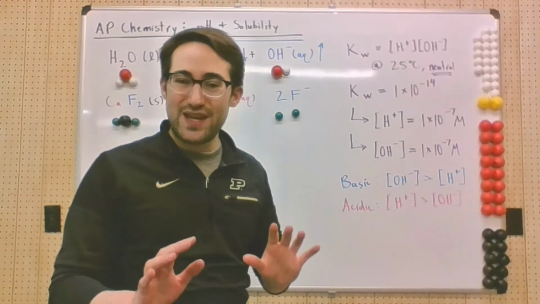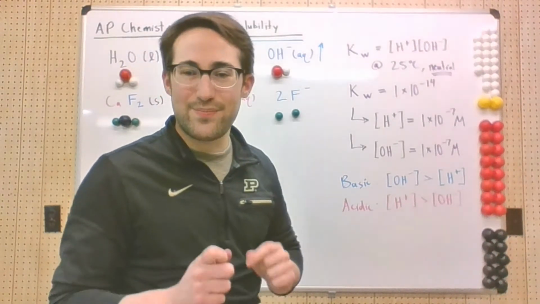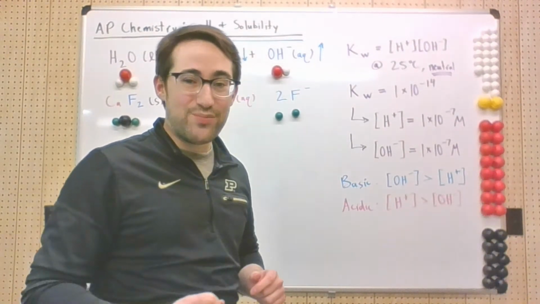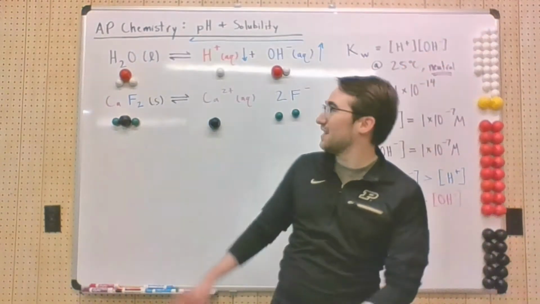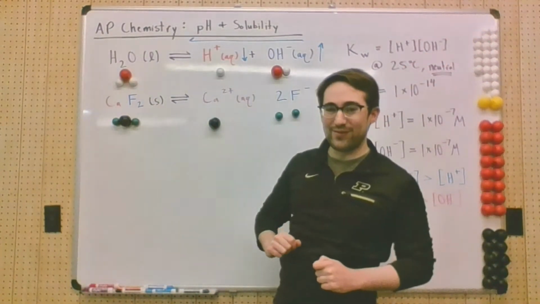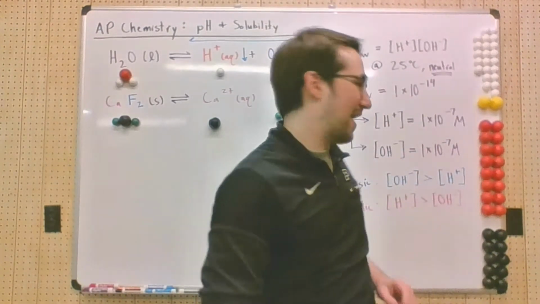That doesn't just mean that, oh, there's an OH minus concentration, that means it has to be basic, okay? It could be very much acidic because there's still got to be a little bit of OH minus left in order for this equilibrium to be there, okay?